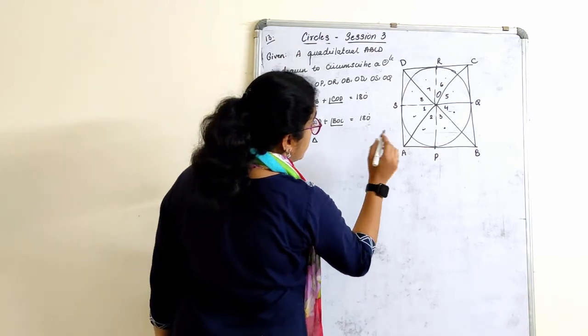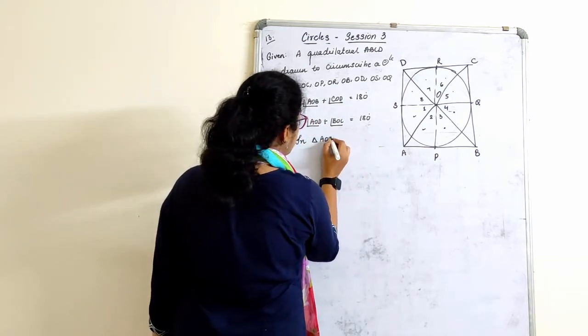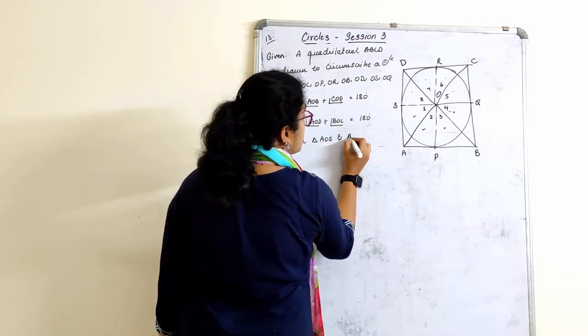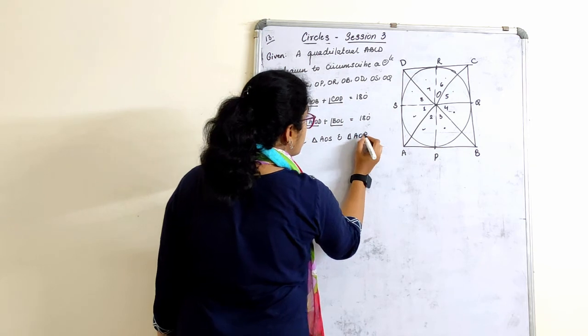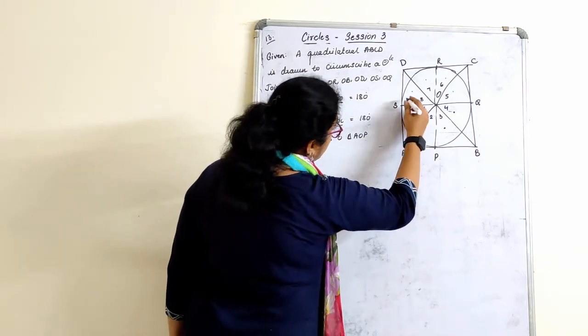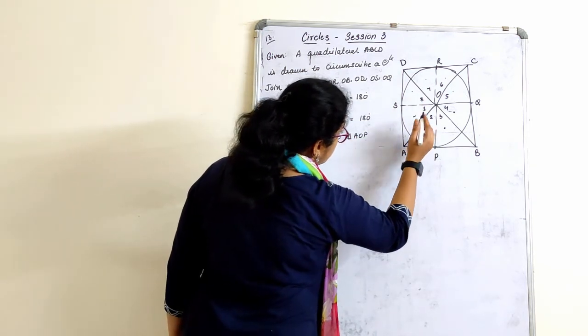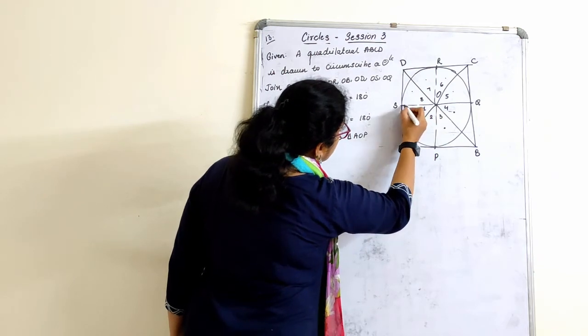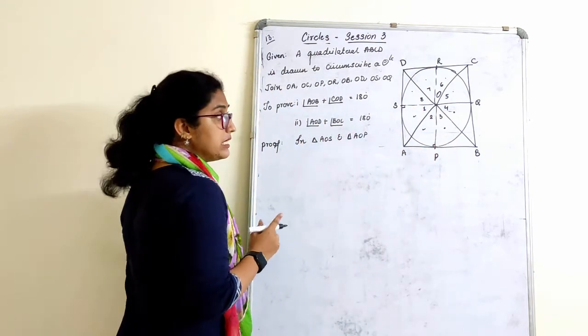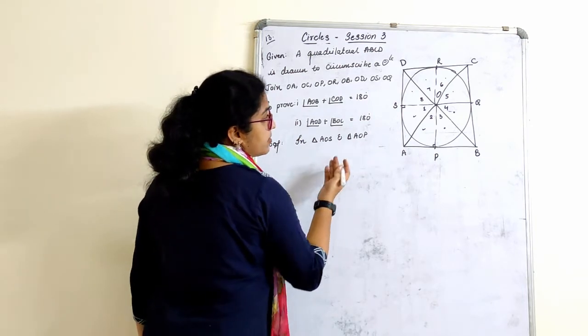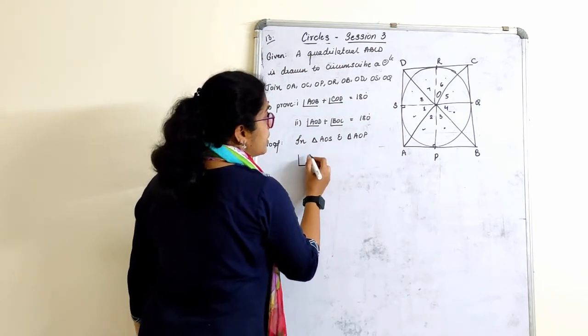In triangle SAO and triangle AOP, first of all I can tell that this angle is equal to this angle. Reason: 90 degree. Why? Because of the tangent radius theorem.